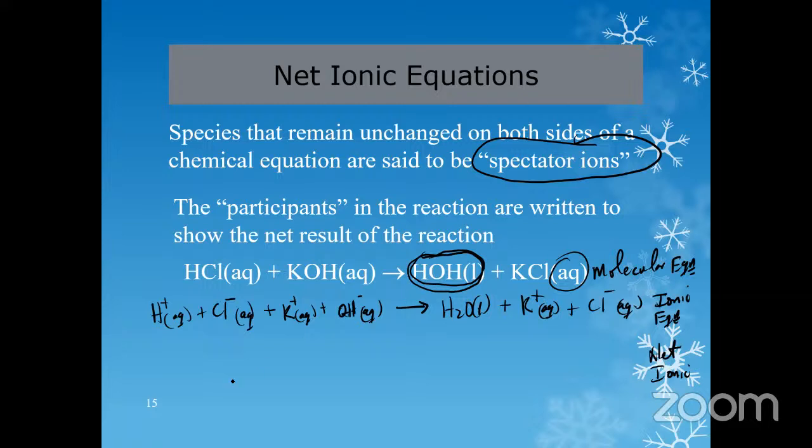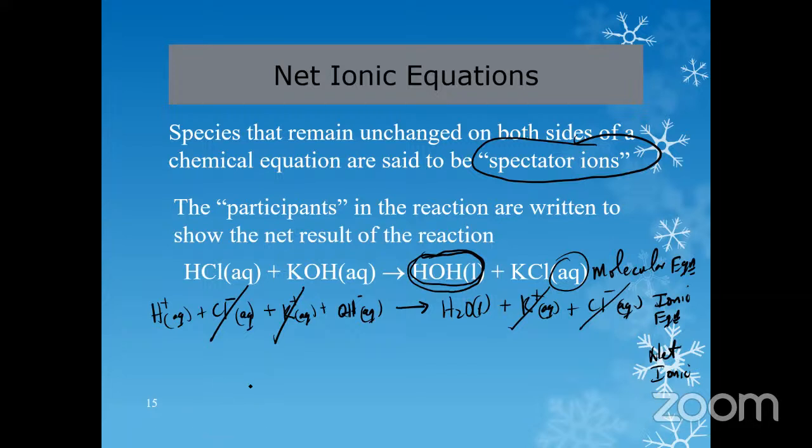So if you look at this equation carefully, you'll see that you have a chloride ion here and a chloride ion here. So that cancels out, right? And also the potassium ion here will cancel out with the potassium ion there, right? So therefore, those are the spectator ions. The ions that I crossed out, which are the same on both sides, in every way, they are the spectator ions, and therefore we can cross them out so that we can get the net ionic equation.